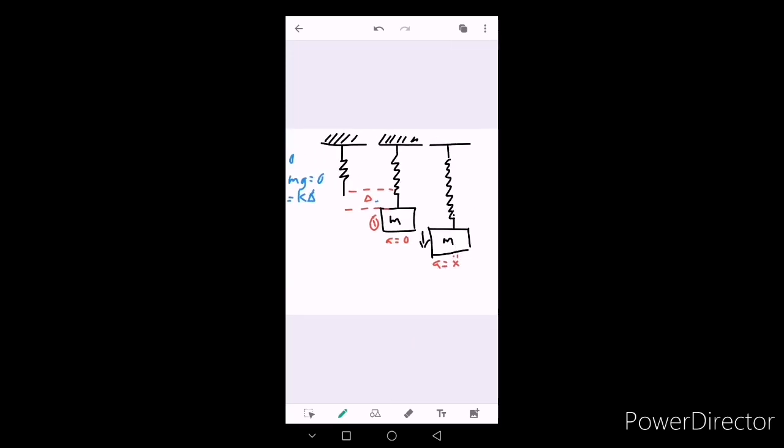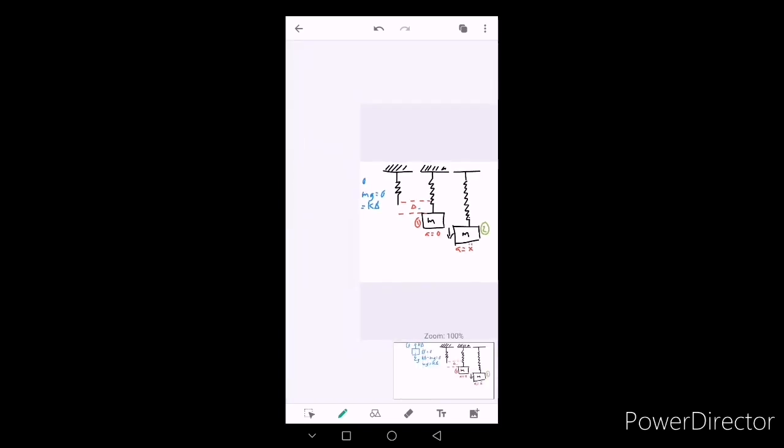Now, moving on to the second position, wherein the spring is subjected to acceleration.